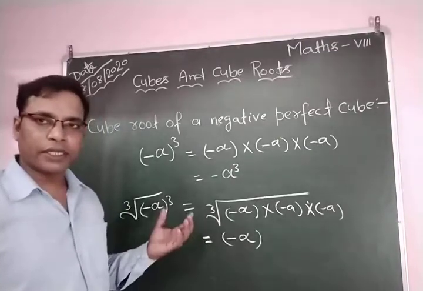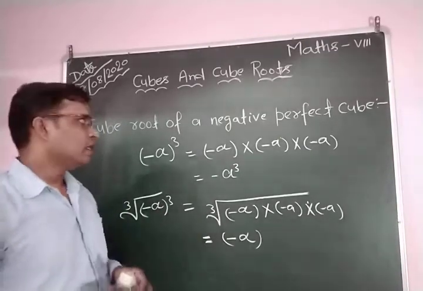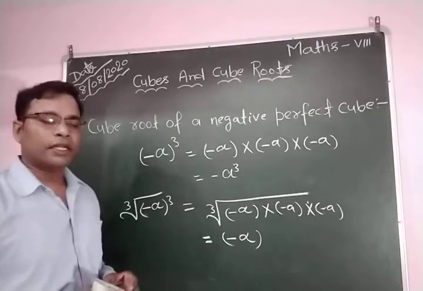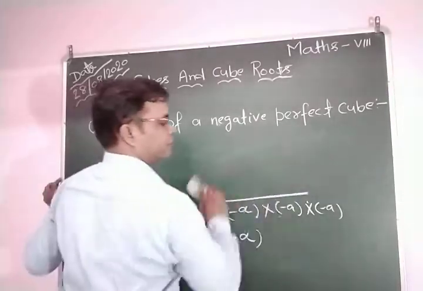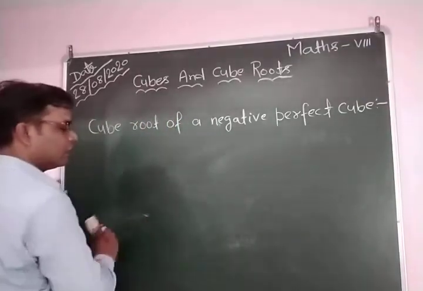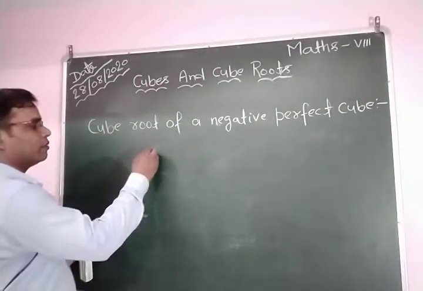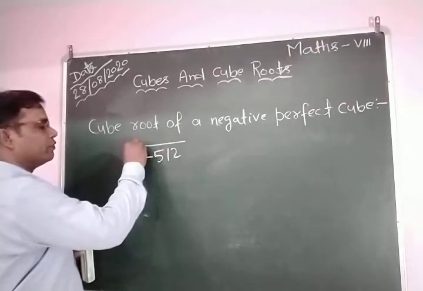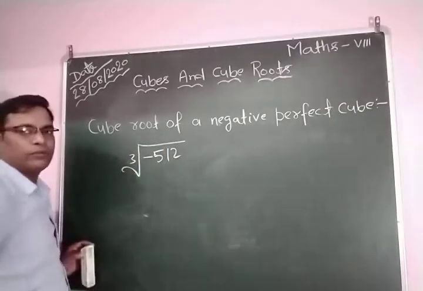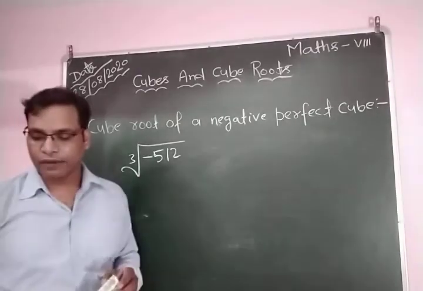Now we take an example to find the cube root of a negative perfect cube. Suppose we have minus 512. We need to find the cube root of minus 512.